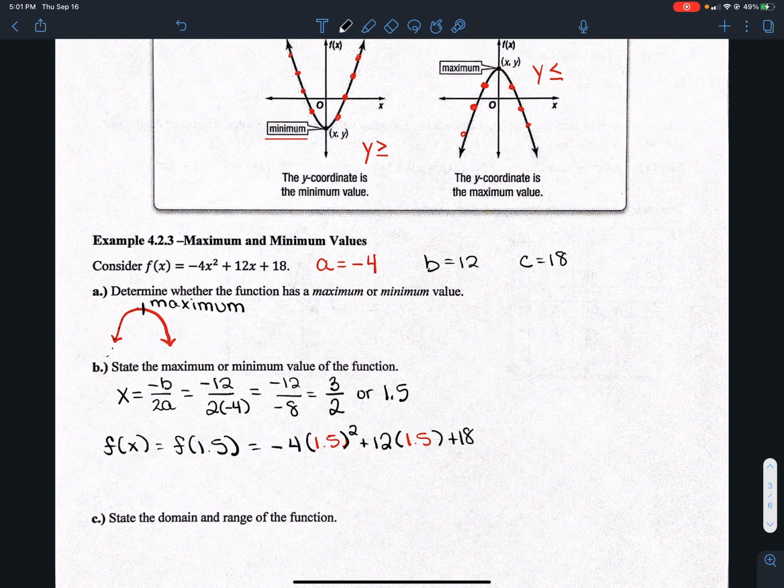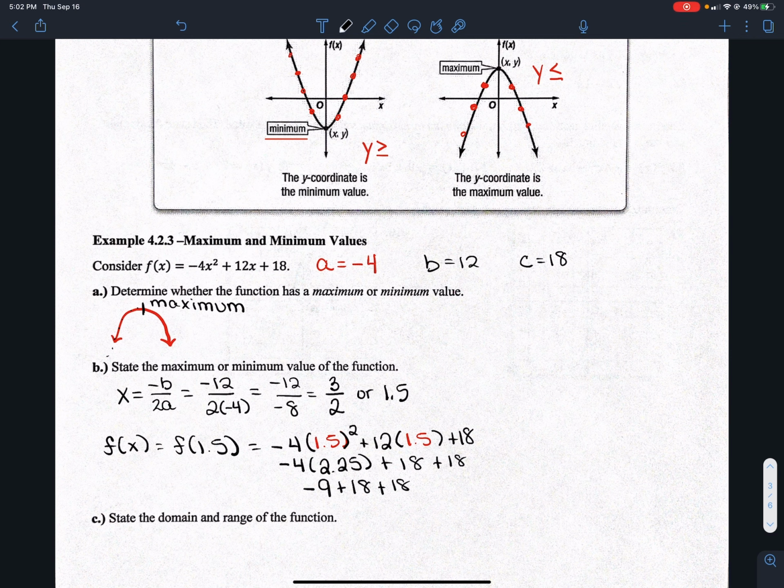That gives us -4 times 2.25. And then we're going to do 12 times 1.5 gives us positive 18, plus 18. -4 times 2.25 gives us -9, plus 18 plus 18.